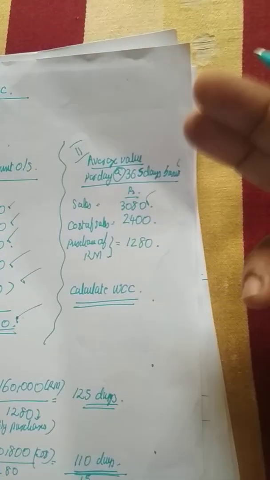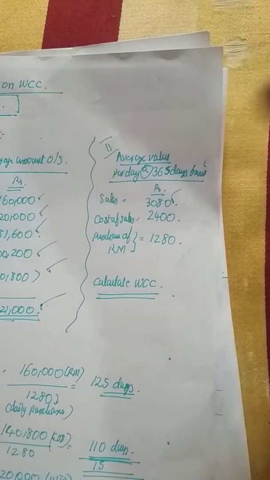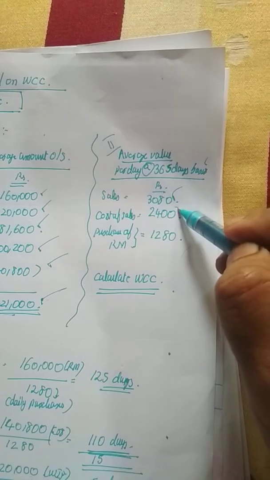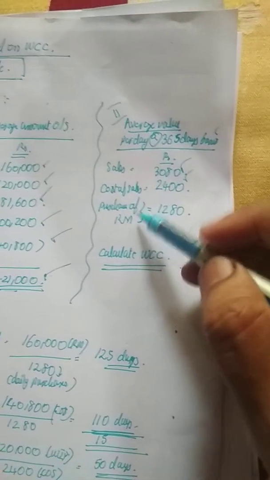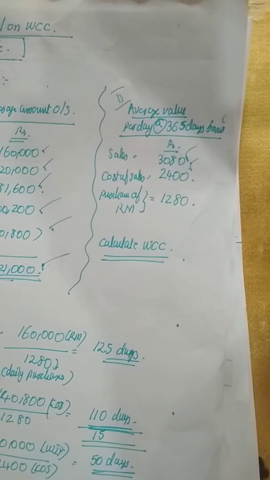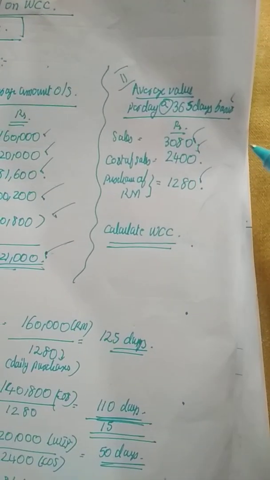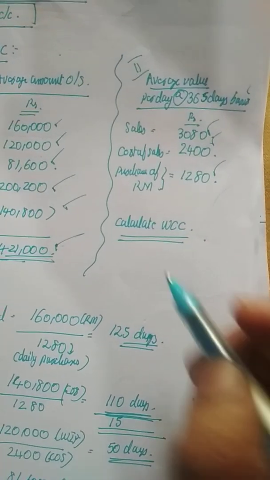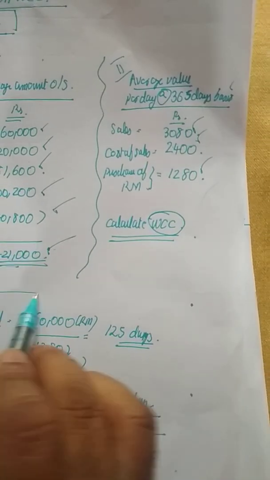On the basis of 365 days, per day sale is given; the average estimation is 3,080 rupees. Cost of sales is given as 2,400 average per day, and purchase of raw material on a per day basis, on the basis of 365 days in a year, is 1,280. And they have asked you to find out the working capital cycle. Let us see how it is done.